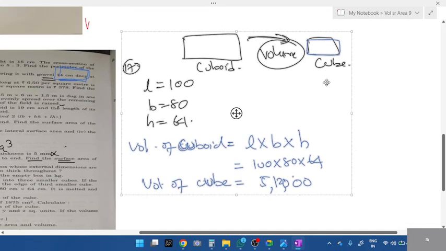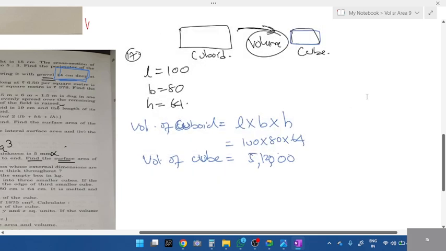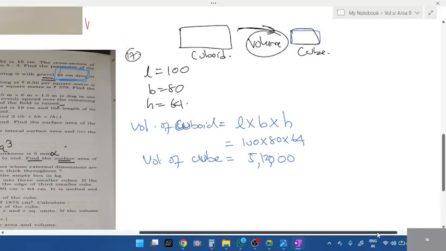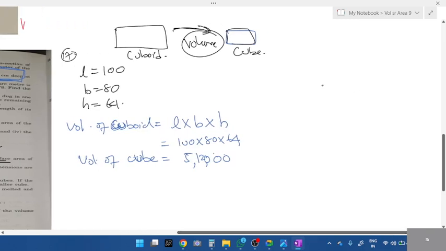If you are converting into cube, will the volume of water change or remain the same? All of you respond. It should remain the same, right? Look here. All of you have seen a cube tray, right?